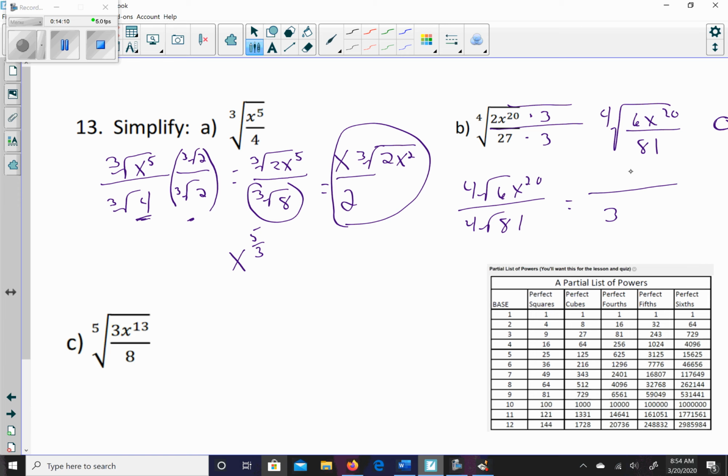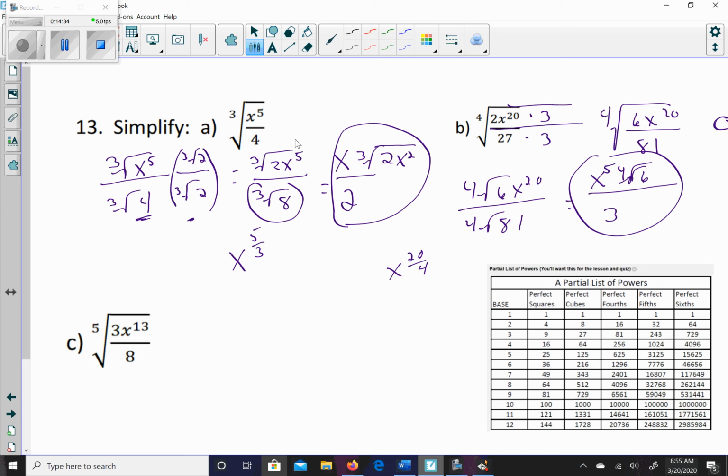Doing the numerator, the 4th root of 6 cannot be simplified. Then I have x to the 20th, 20 over 4. 4 will go into 20 5 times, so this will be x to the 5th. There is no remainder, so there's no variable left underneath the radical sign. And this is my final answer, and that's the 4th root of 6.